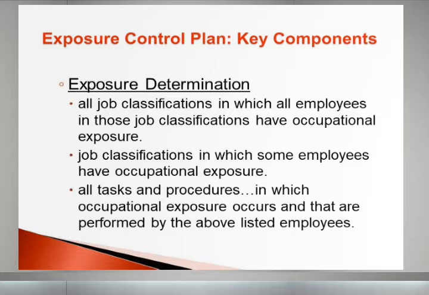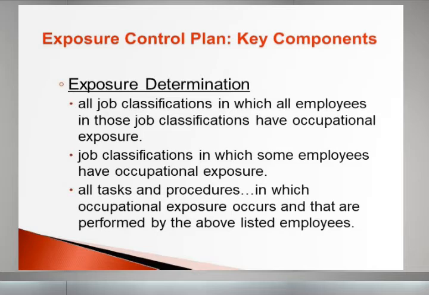So we know that these people, through the performance of their job duties, are going to have reasonably anticipated exposure to blood or OPIM. So, obviously, people in the medical profession, right?